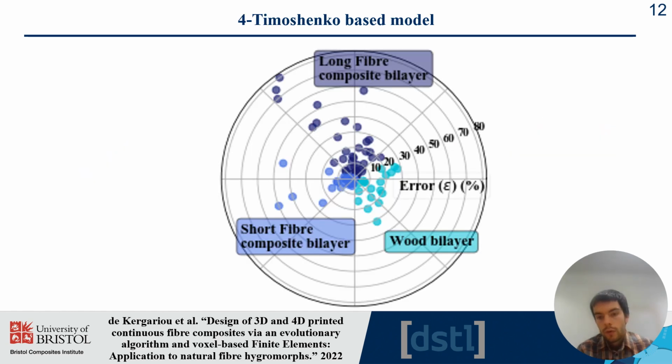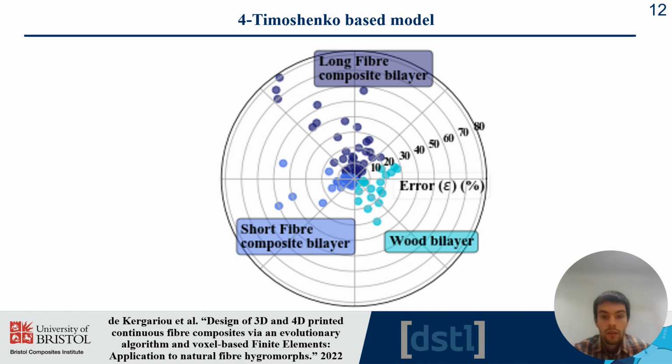So we also wanted to test our model against a different model, one more related to the literature, in order to make sure that our model is capable of modeling the kind of structures that we are representing. Basically we wanted to create a new model based on the Timoshenko equation, which is a very trusted equation in the field of 4D printing.